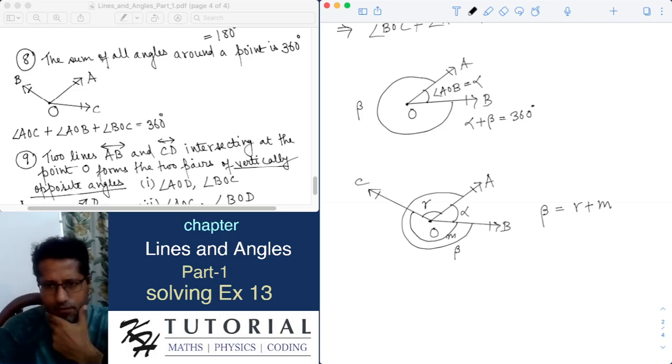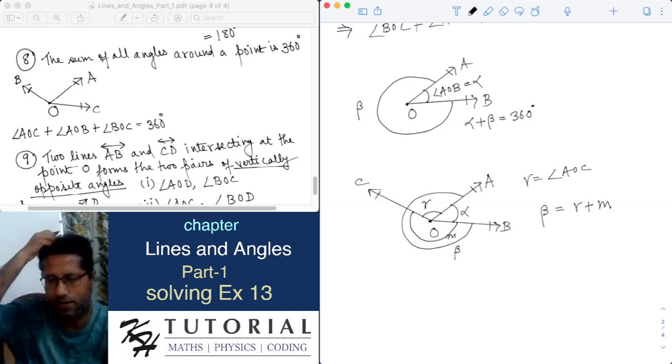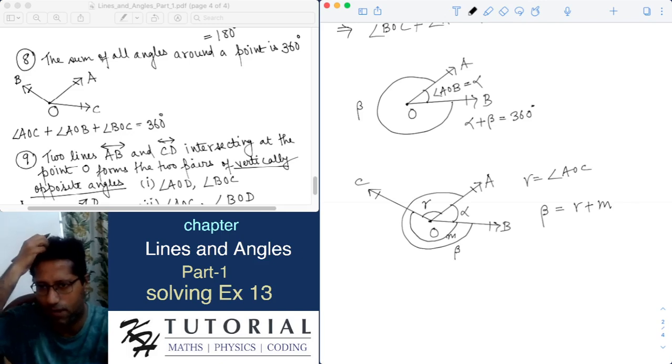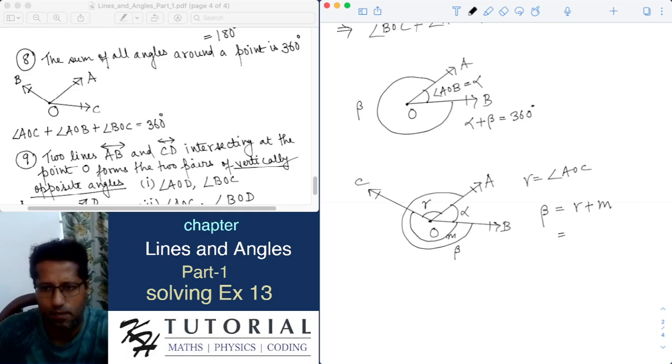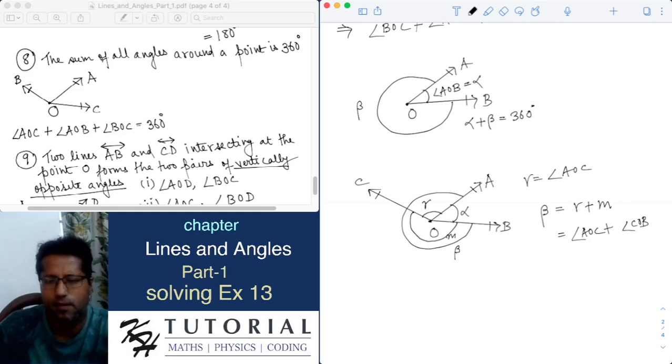Now when I am creating another angle, let's say gamma, by adding the ray OC, gamma is actually the angle AOC. What happened is that the angle beta got divided into two angles, AOC plus angle COB.